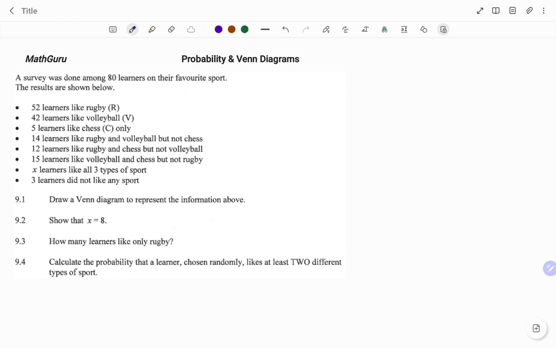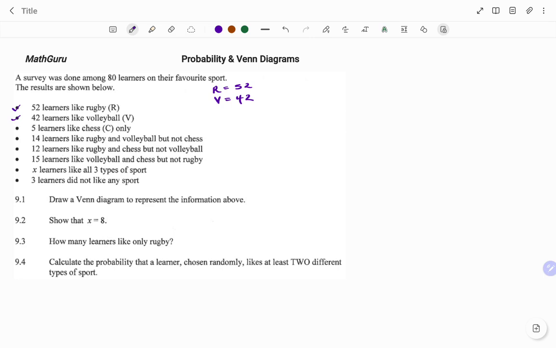When drawing a Venn diagram, it's important to state all the values or parameters given. So that is where I'm starting from. The first statement says 52 learners like rugby, so I know that R equals 52. 42 learners like volleyball, V representing volleyball equals 42.